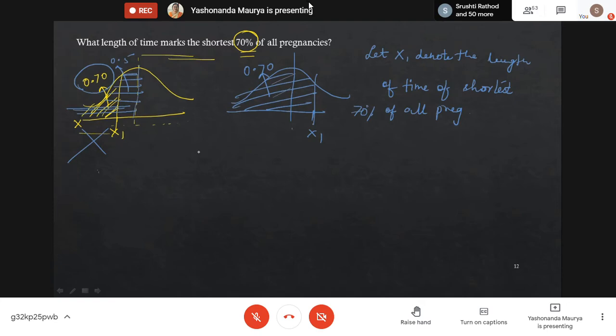Then what we know about this is that probability that x less than or equal to x1 is 0.70. Okay, now this means what?